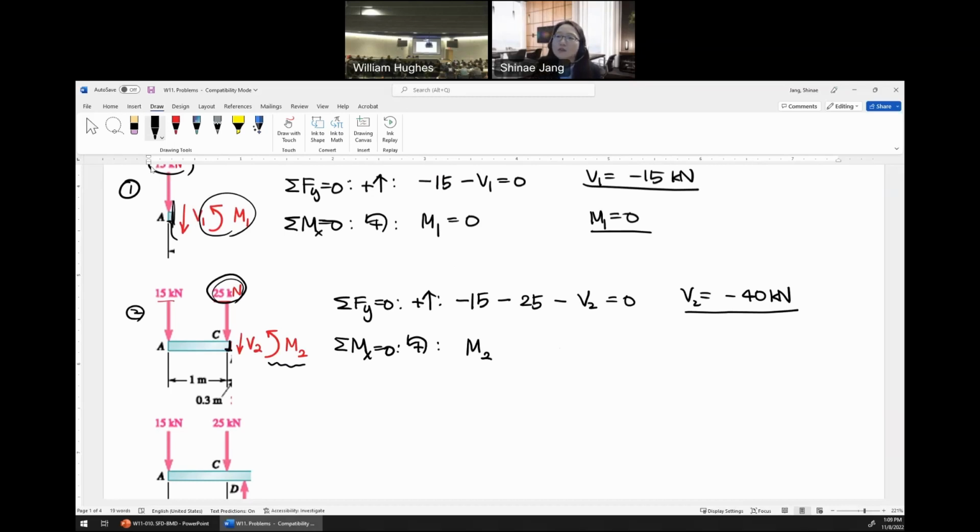And then now 15 kilonewton is inducing moment. 1 meter is not negligible, so 1. Based on this point, this force is inducing counterclockwise moment, so it's positive, right? So M2 is also found, it's minus 15 kilonewton meter.